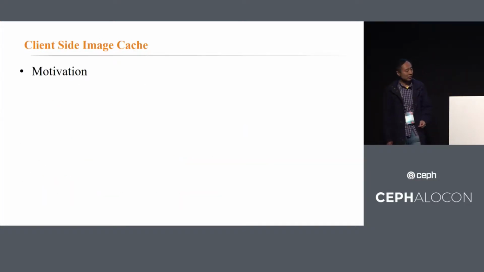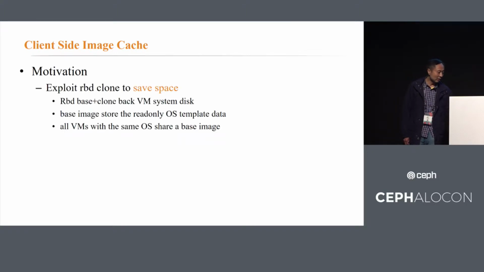The second work is the client-side image cache. The motivation is that we want to make use of RBD clone to save space. In the virtualization situation, many virtual machines share the same operating system and applications.